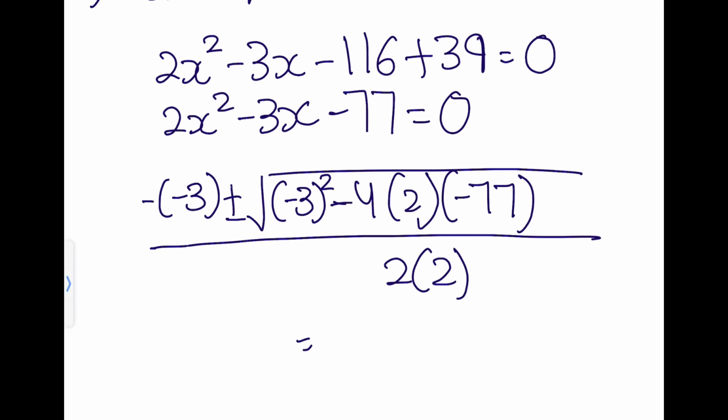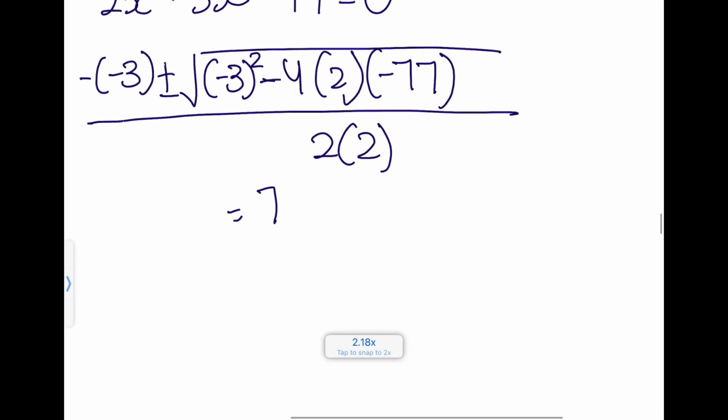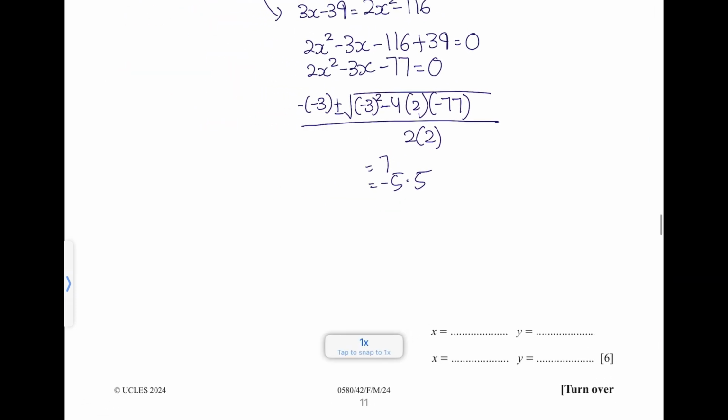Negative of negative 3 plus square root of negative 3 squared minus 4 times 2 times negative 77, divided by 2, that is 7 and negative 5.5. Okay, so these are the two values for x, 7 and negative 5.5.